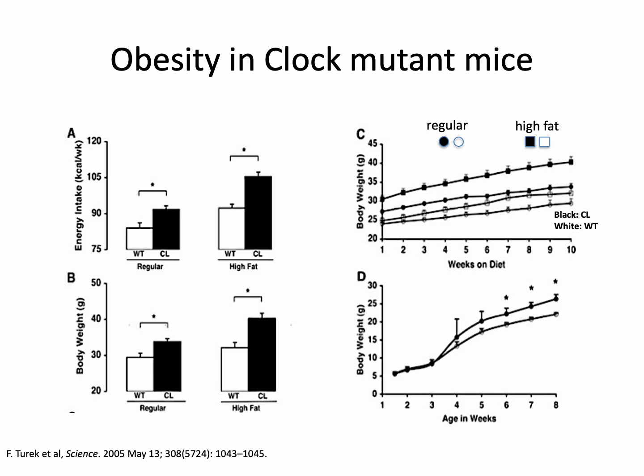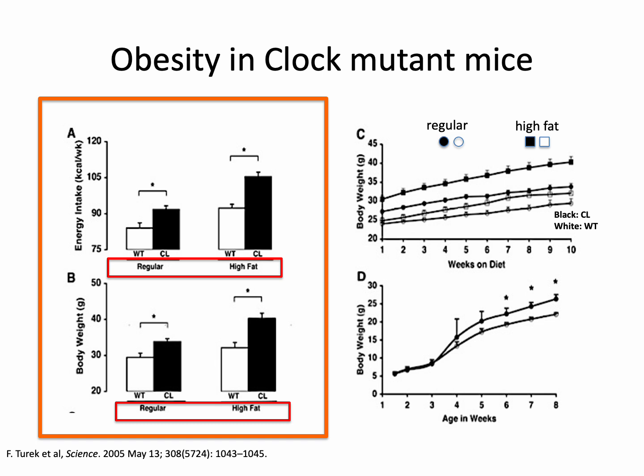Now, looking at the data, clock mutant animals fed with either a regular or high-fat diet showed a significant increase in energy intake and body weight compared to wild-type controls. This shows the time course for the weight gain in clock mutant and wild-type adult animals fed either a control or a high-fat diet for a period of 10 weeks beginning at 6 weeks of age.